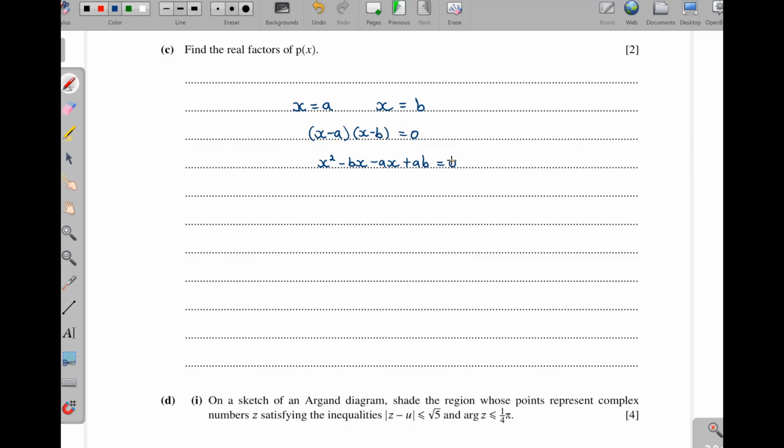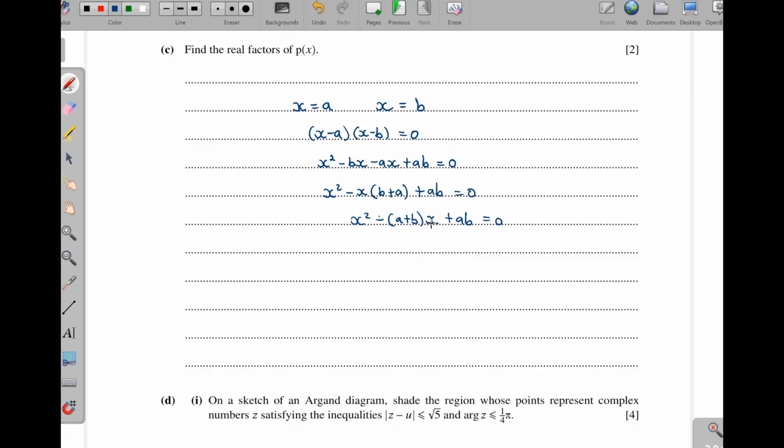This one is equal to 0. Now, I can factorize out the negative x, okay? That means here I will remain with a positive b because the negative is already out, and then a positive a here, and then plus the ab. I can rearrange this, then I say this is x, and then minus a plus b, then x, then plus ab.